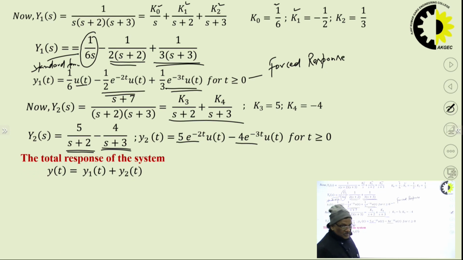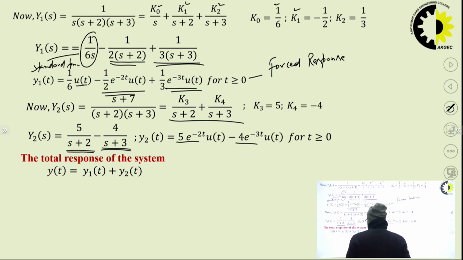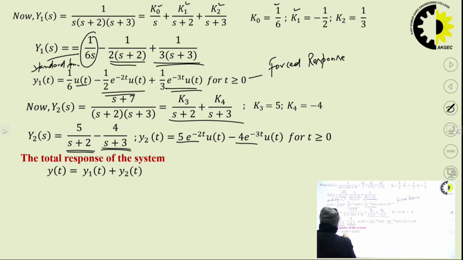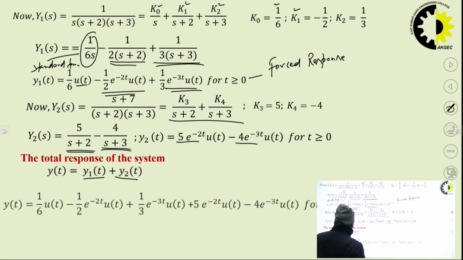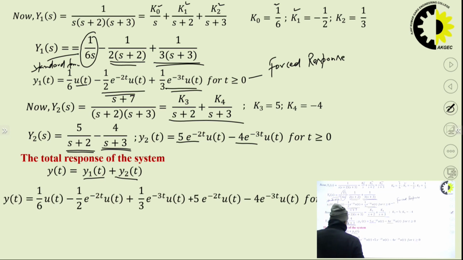The total response of the system is y1(t) + y2(t). So you have to find y(t); just take the summation of y1(t) and y2(t). This is the total response of the circuit.